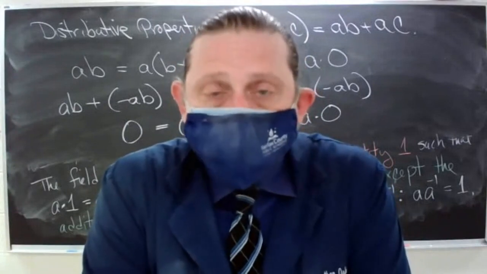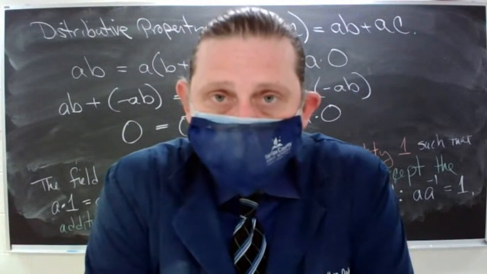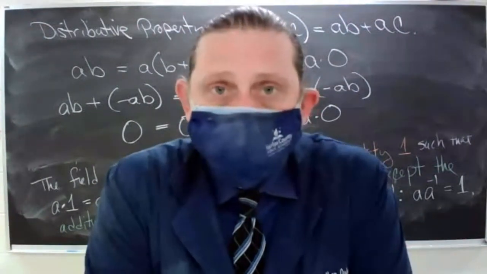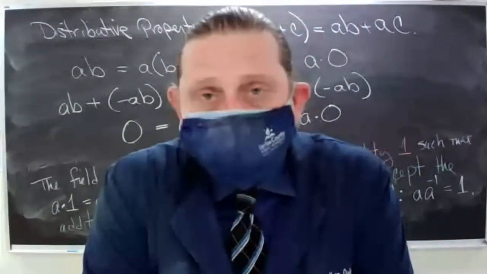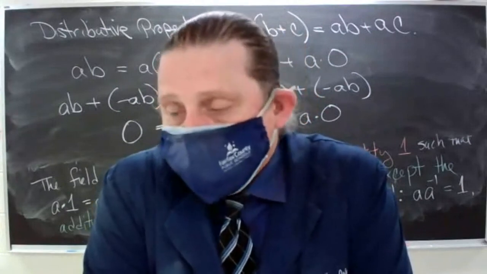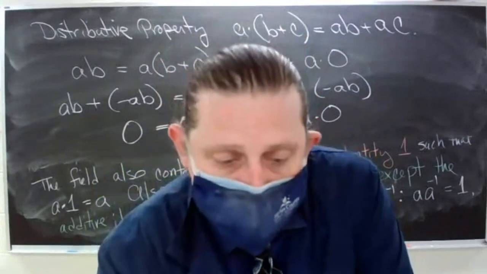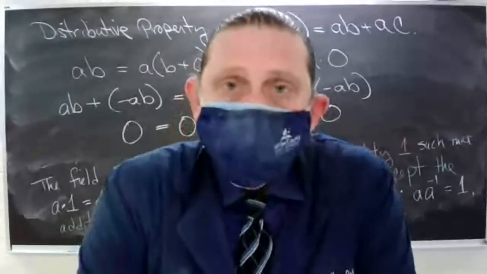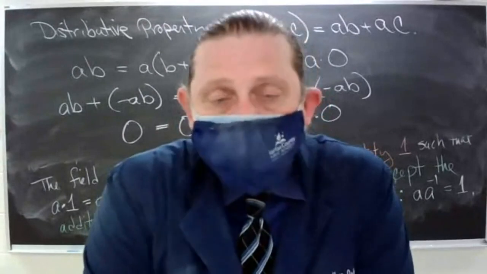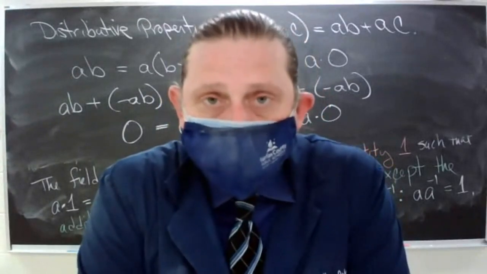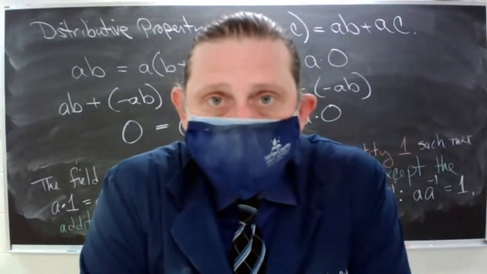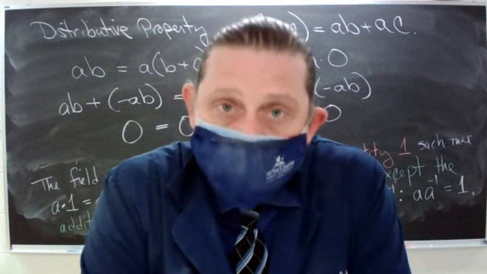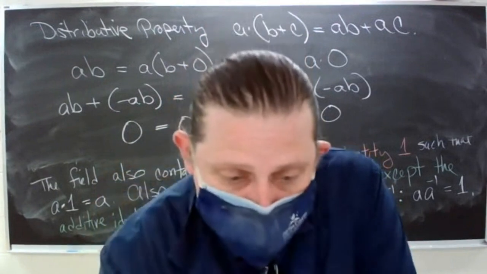So those can also constitute a field in certain situations. All right, but we're going to be interested in the real numbers and more generally the complex numbers as our fields. Elements of a field are often referred to as scalars. Okay, so we'll use that term a lot as we move forward.